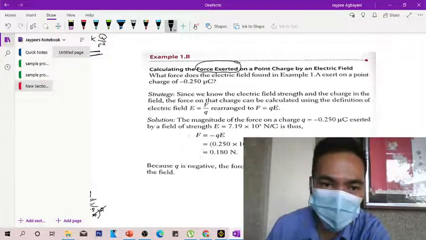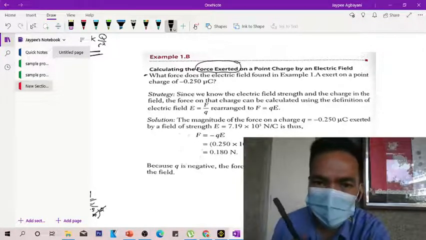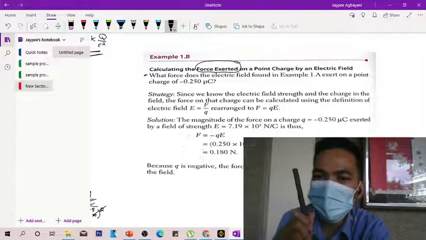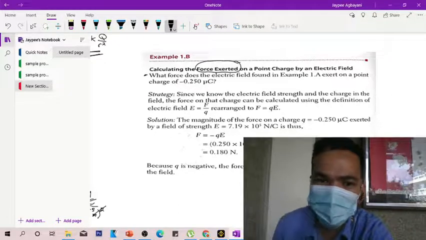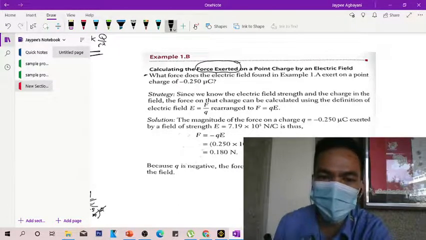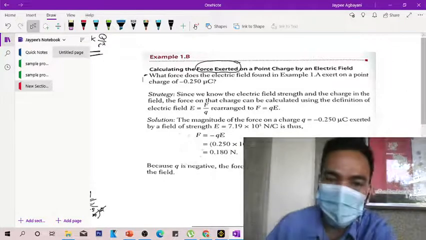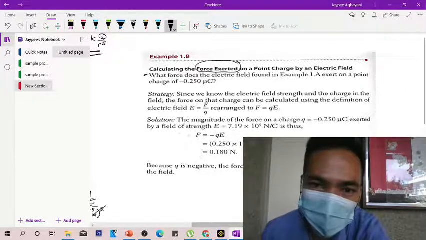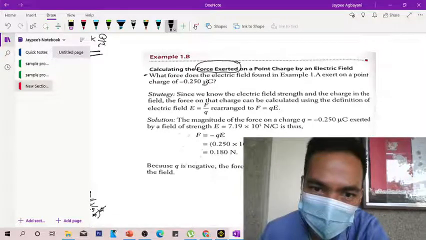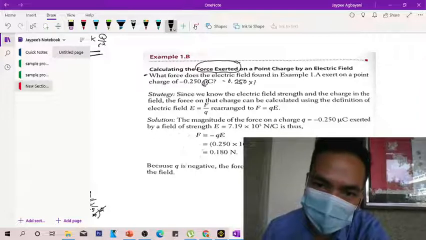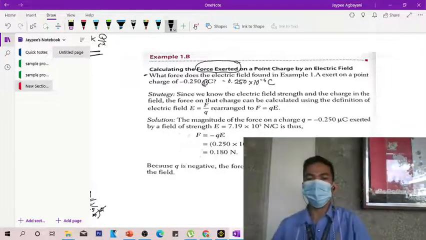Okay, so this is the question: What force does the electric field, which we solved before in example 1a, exert on a point charge of negative 0.250 microcoulomb? So this is simply negative 0.250 times 10 raised to negative 6 coulomb.